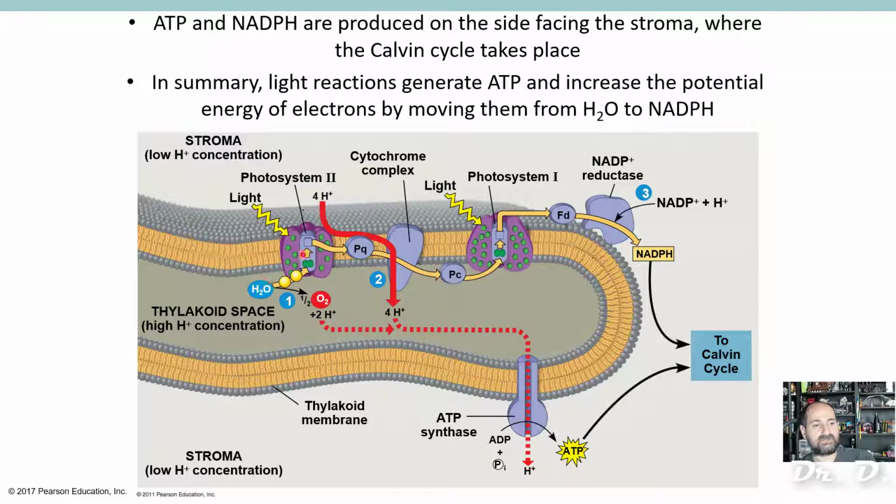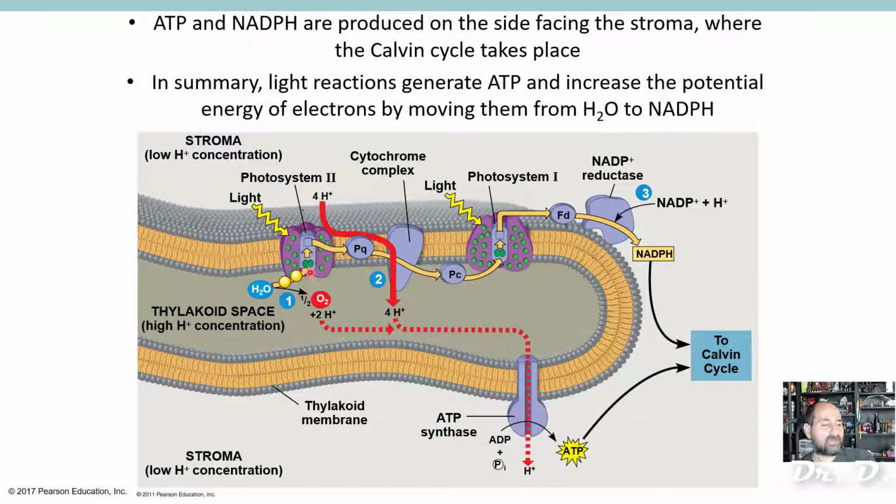You see that? Donate its electrons to reload P680, which is at this point called P680 plus, which is, by the way, a highly oxidative force. Because it gave away those electrons, it went from P680 to P680 plus. P680 plus is a highly oxidative form of this central chlorophyll pair.